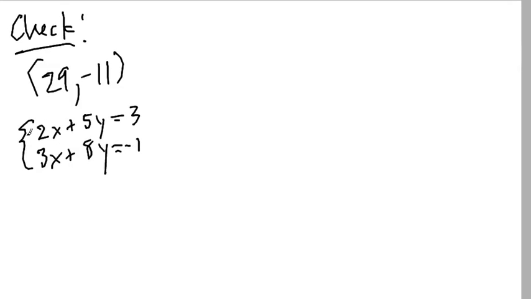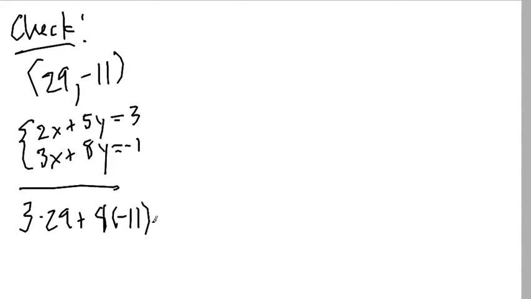Now, the first equation is definitely right because we got 29 by plugging in -11 for y, and we solved and got 29. So let's just check with the second equation. We've got 3 times 29 plus 8 times -11 is equal to -1. 3 times 29, I'll let you do the arithmetic yourself, but 3 times 2 gives me 6, 3 times 9 gives me 27, so 60 plus 27 minus 88, is that equal to -1?